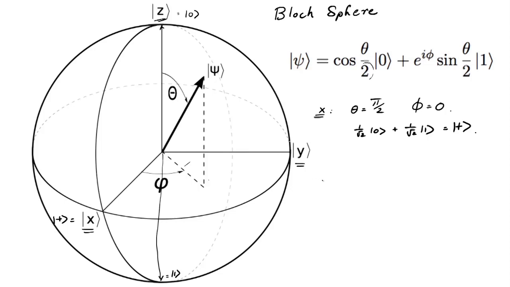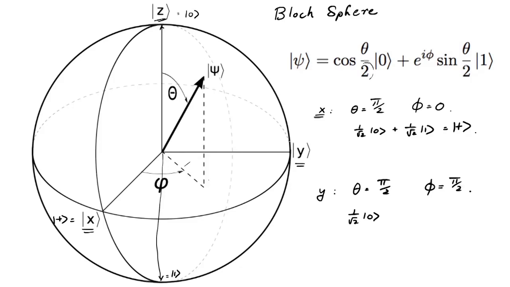Okay, let's work out also what's the state pointing in the y direction. So in the y direction, we have theta equal to pi by 2 and phi equal to also pi by 2. So cosine theta over 2 is cosine pi by 4, again 1 over square root 2, 0. But now we have e to the i pi over 2.